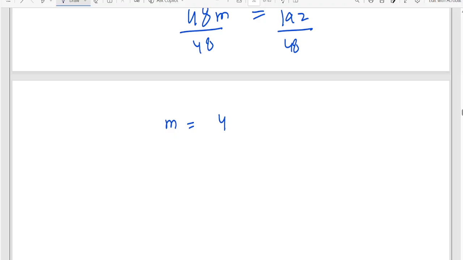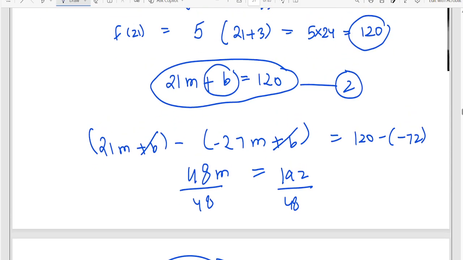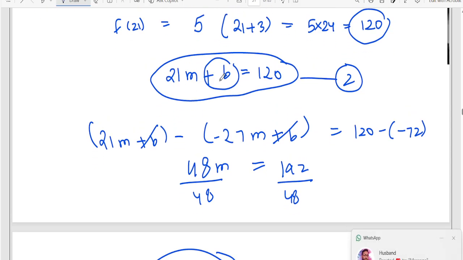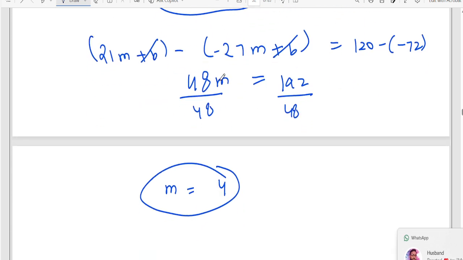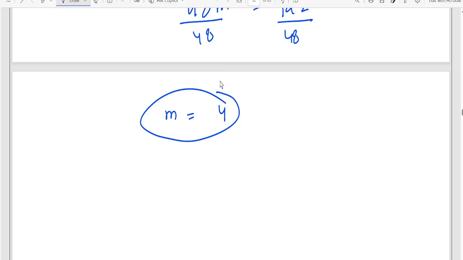I have m. Now I can plug it into any one of those equations to find b. So if I plug it into the second equation, 21m plus b is equal to 120. So this is going to be 21, m is 4, and b is equal to 120.